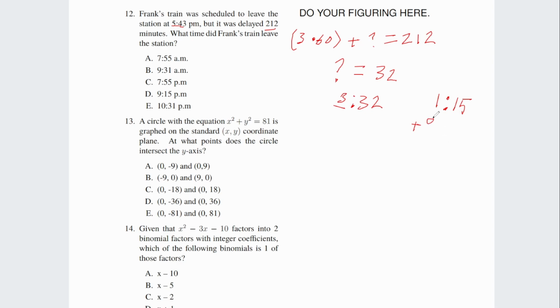In other words, 8 hours and 15. Oh, nope, excuse me. 8 hours. So this leaves us with 9:15. So 5:43 p.m., 212 minutes later is 9:15 p.m.